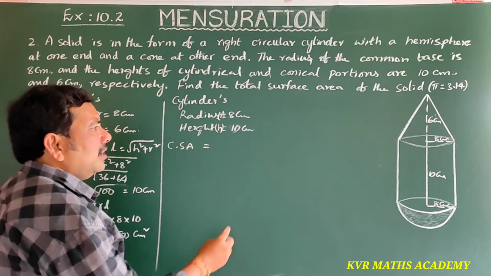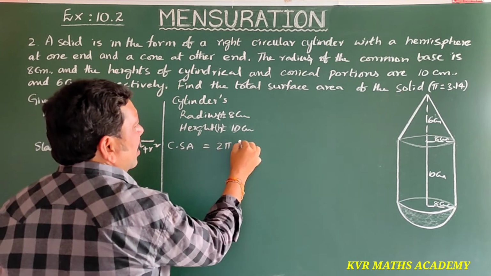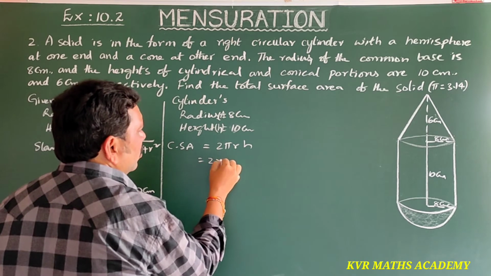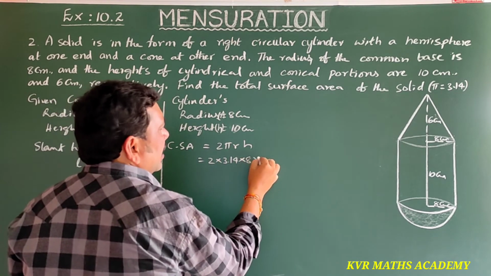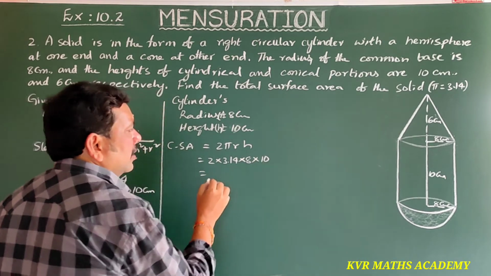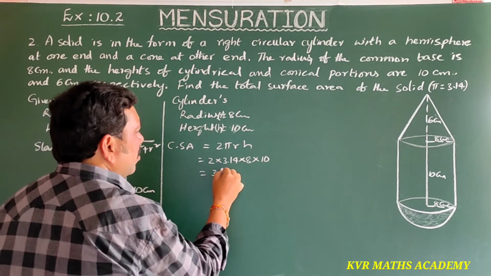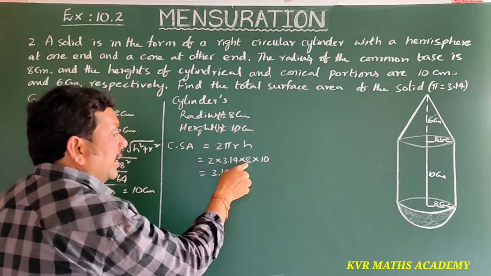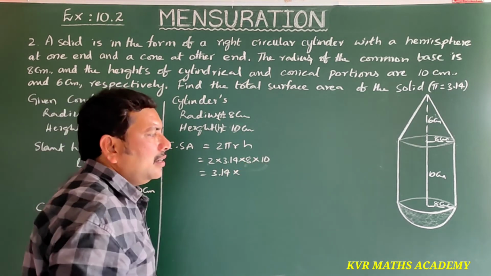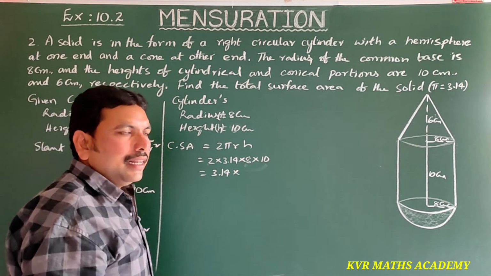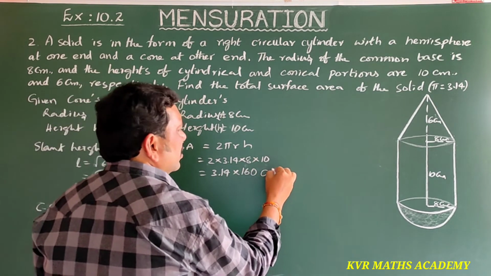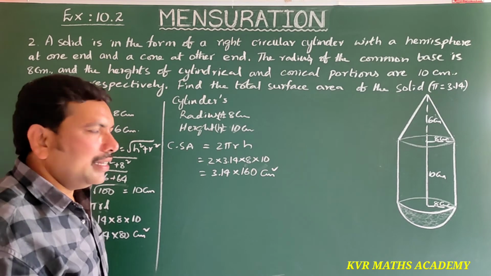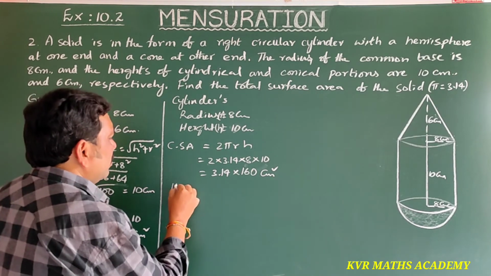Yes, the CSA of the cylinder is 2 pi r h, right? So that is equal to 2 into 3.14 into its radius 8 into height 10. This is 3.14 into 2 8s are 16, 16 into 10, which is 160 centimeter square. Keep it like this. Next, the hemisphere.